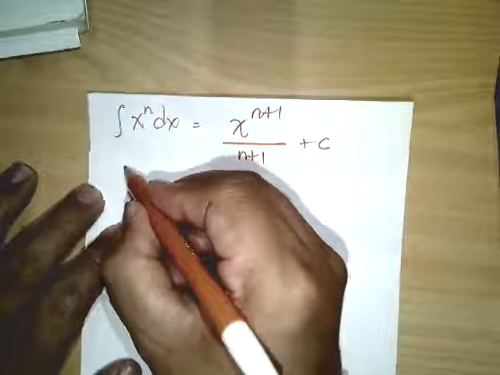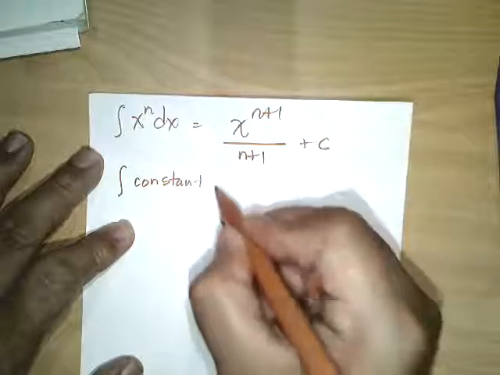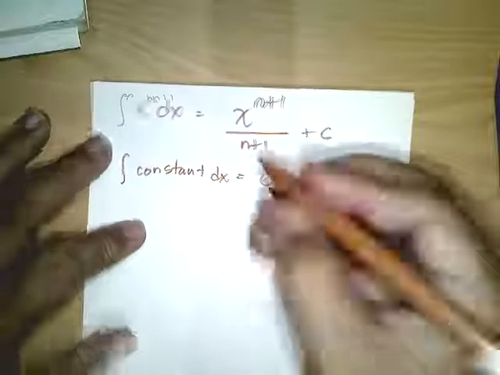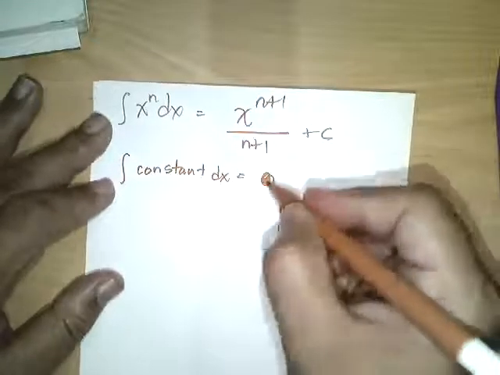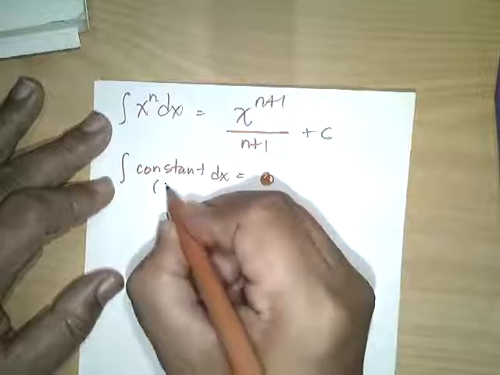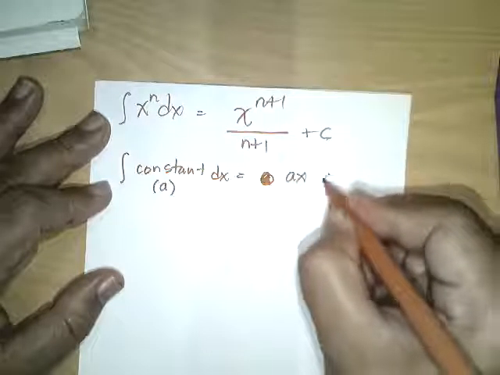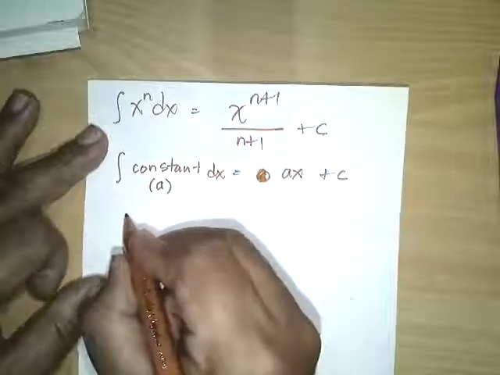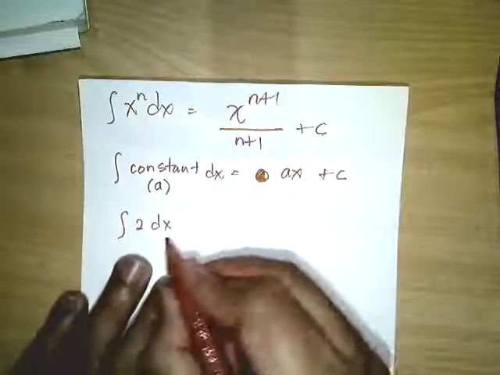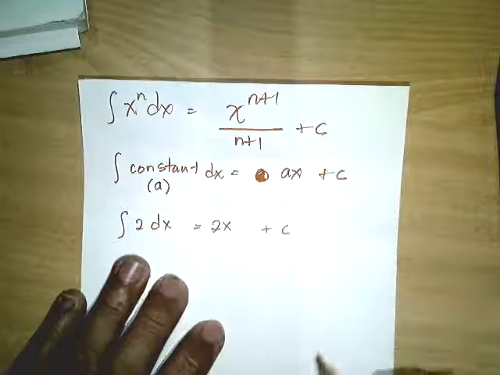And the other formula, the integral of any constant, let me symbolize my constant as a, with respect to x is equal to ax plus c. For example, the integral of 2 dx is equal to 2x plus c.